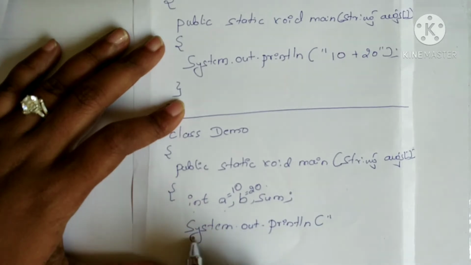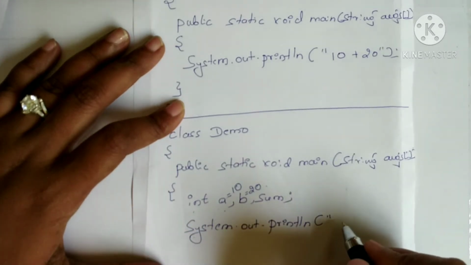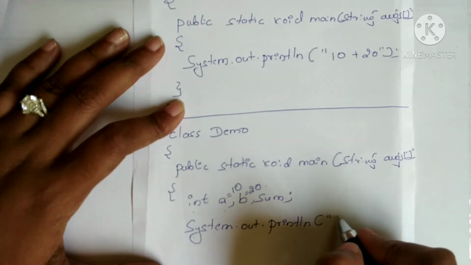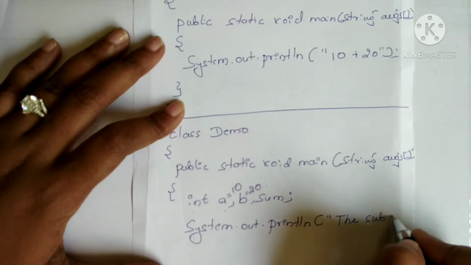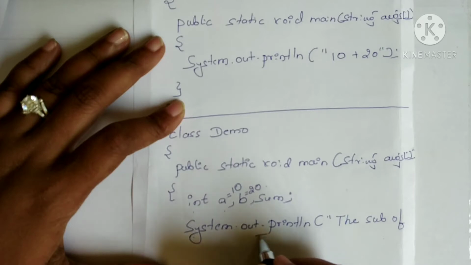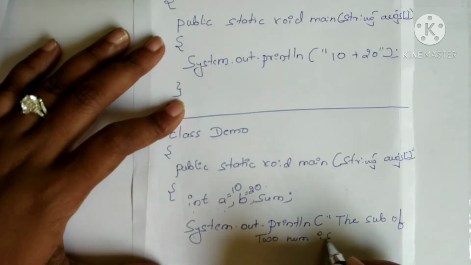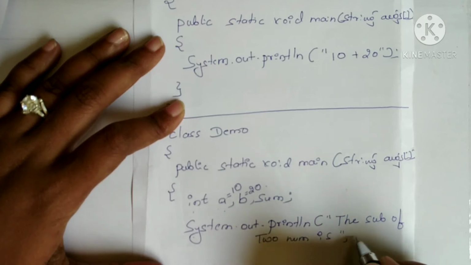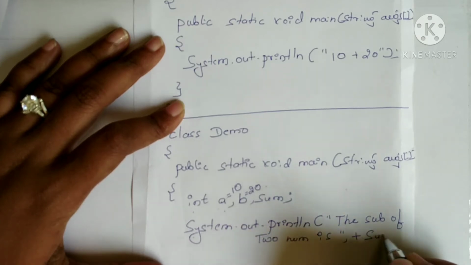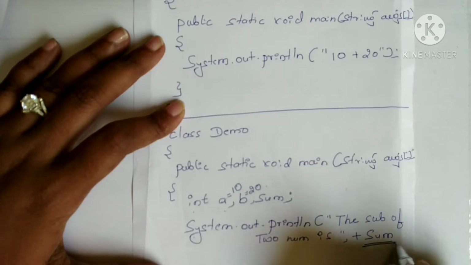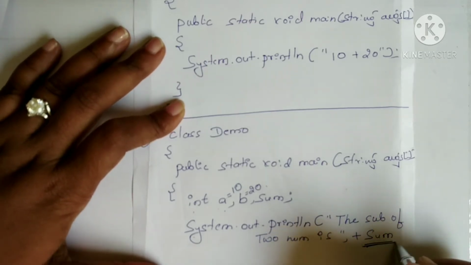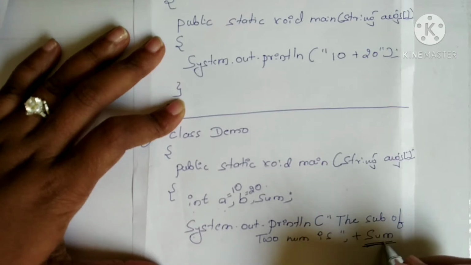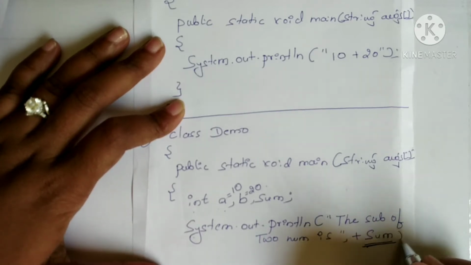For this, in the print statement we are going to write the sum of two numbers is plus sum. This is the variable in which we are going to store the value of the two numbers.